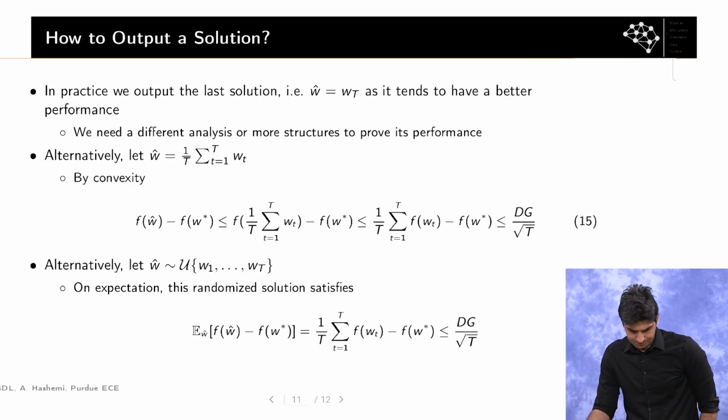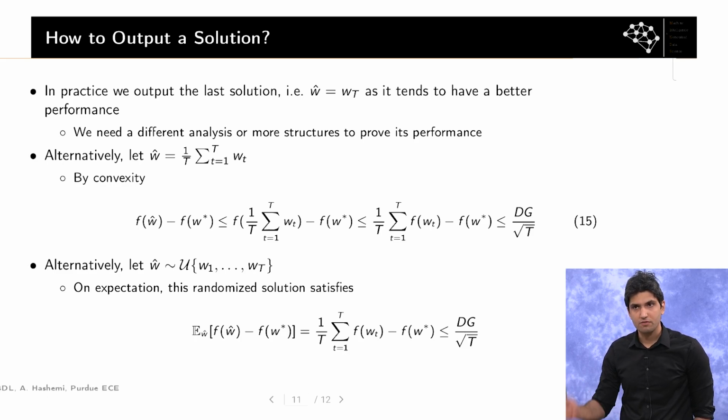All right. So let's talk about some remarks. Essentially, I first want to talk about how to output the solution, because the last result only tells us the average suboptimality gap. All right. And in particular, I want to talk about three approaches. The first approach is typically what we do in practice, right?